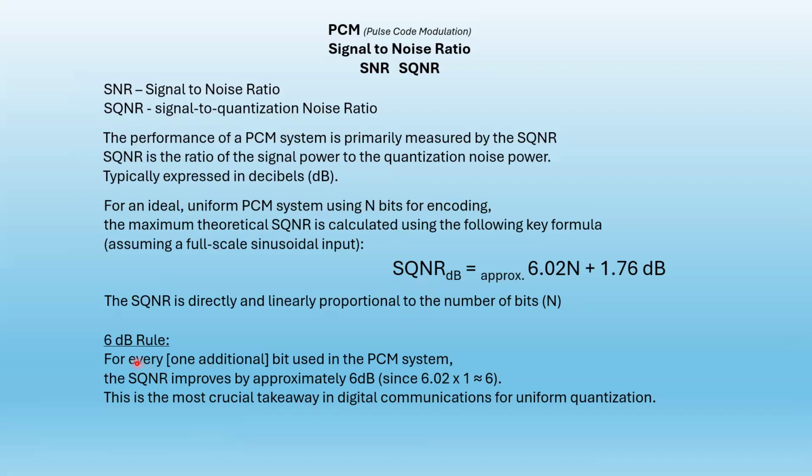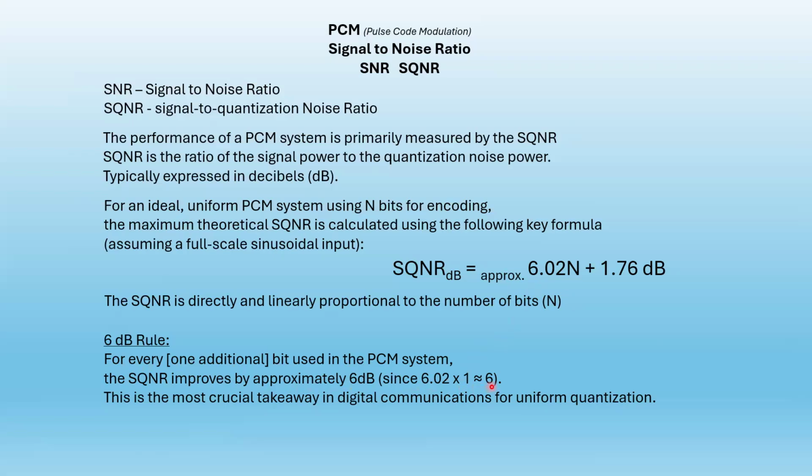There's a 6 dB rule for every one additional bit. So let's say you have 8-bit as opposed to 9-bit signal sampling vertically, quantization. For every additional bit used in a PCM system, the SQNR improves by approximately 6 decibels. Since 6.02 times 1 equals 6, right?